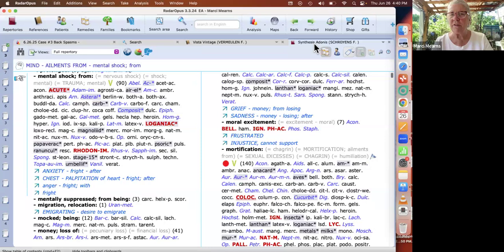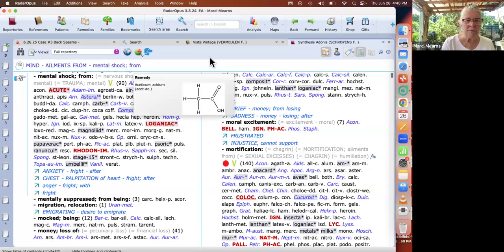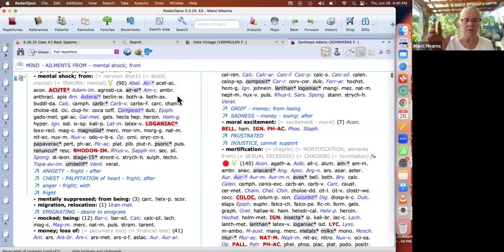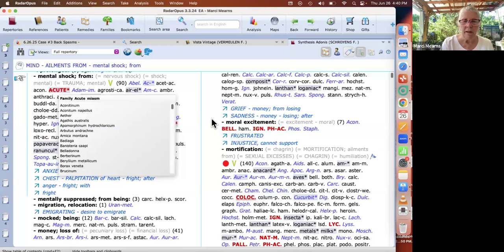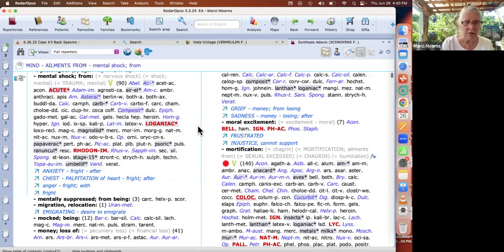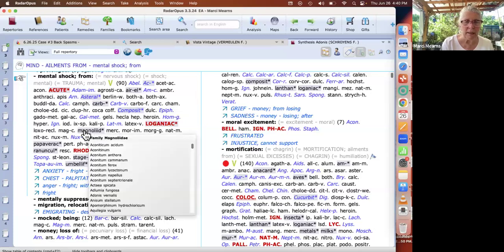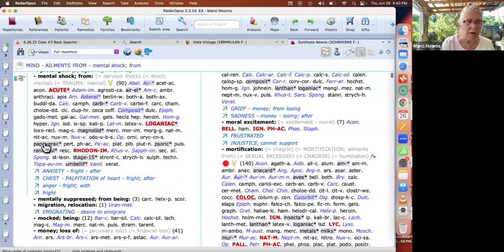Because I use the Adonis and I have the full repertory turned on, I'm seeing not just individual remedies, but also families or groups of remedies. So it included the acute remedies of the acute miasm. The Loganaceae are included. There are other groups like the carbons, air element, the Magnoliidae, the magnolias, the Papaveraceae, Ranunculaceae. Wherever you see that asterisk, that means that a whole family of remedies could be considered for that symptom.